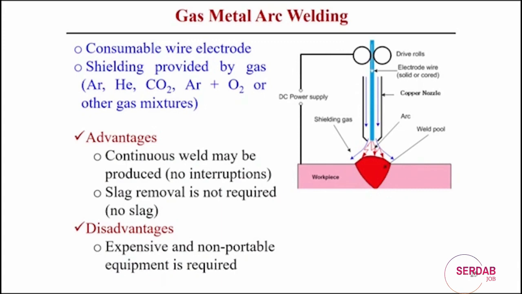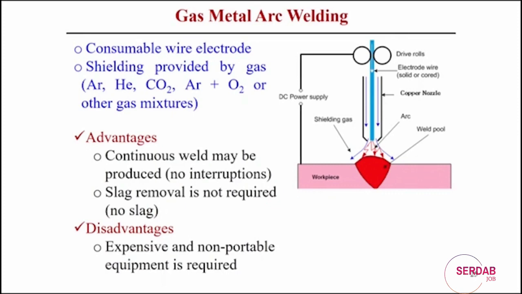That shielding gas protects the molten pool, and normally a copper nozzle is used here. The electrode wire is a solid wire, and sometimes a coating may be applied over the solid wire.